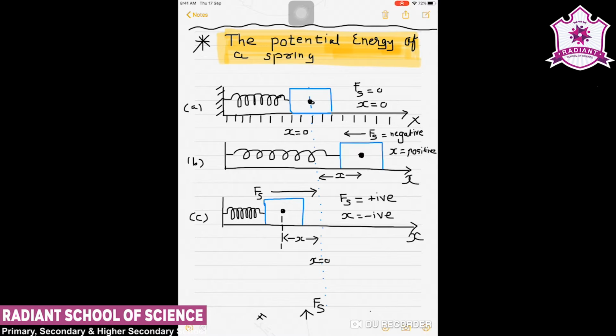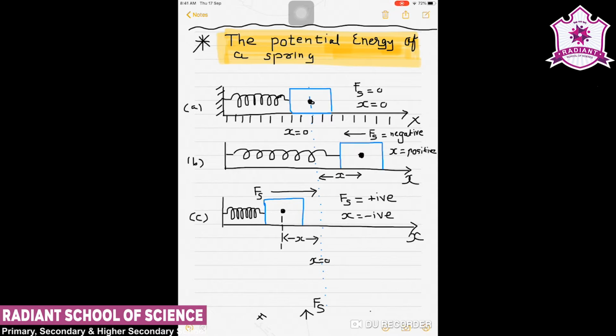So here we can say that the spring is light and it is considered massless. Now for the ideal spring, the force is directly proportional to the displacement.